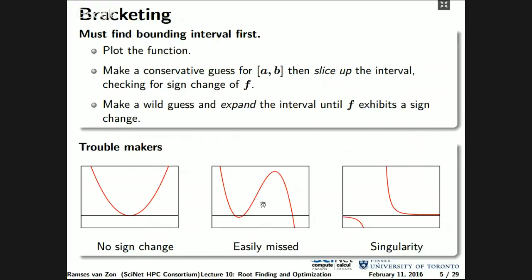Well, it's going to be somewhere between a kilometer and the size of the universe. That's a conservative guess, right? If that's what we wanted to know. So you can do that and then start slicing it up and finding where a real bracket lies. This can take a while, so knowing more about your function helps. You can also just go crazy and say, I'm just going to guess, and if it's not bracketed, I'm going to increase it.